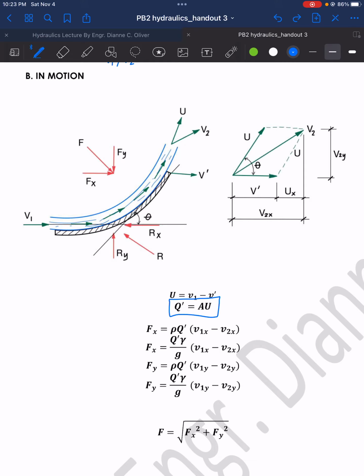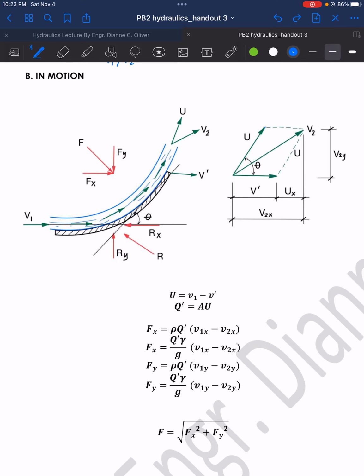Now it also helps to draw this relationship of the v sub 2, the u, and the v prime.